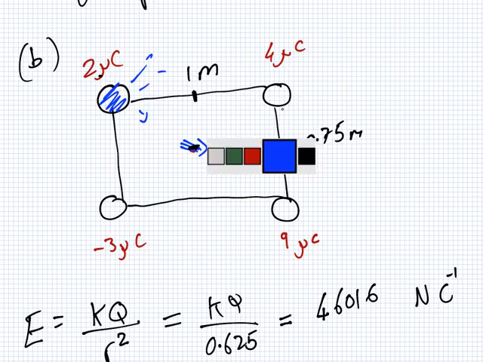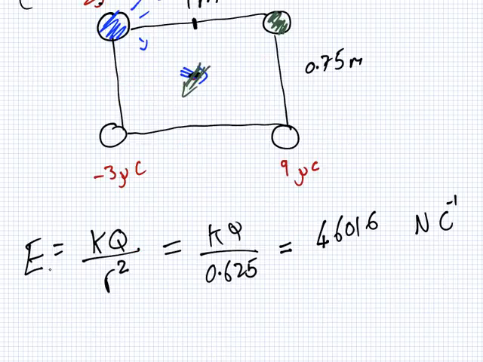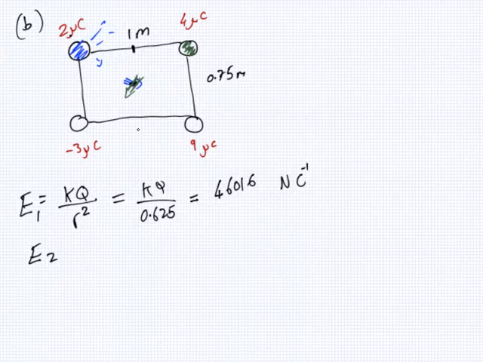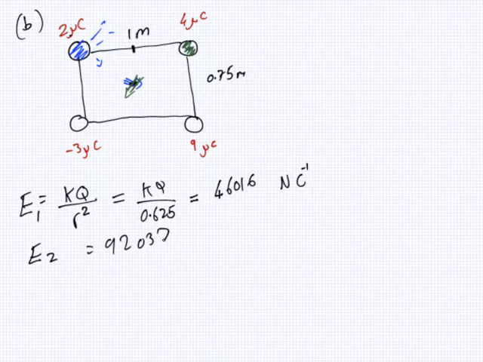Next, I'll do this one. Now which way is this field going? It'll be going that way. Right, so then that's E1. So E2, the only difference is what? The Q. The Q is bigger, isn't it? So the answer you get here will be 92033 newtons per coulomb.